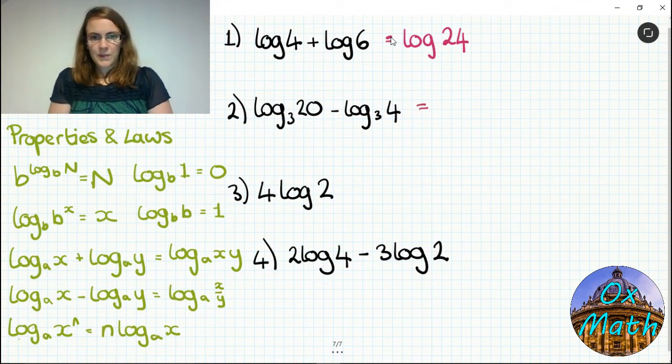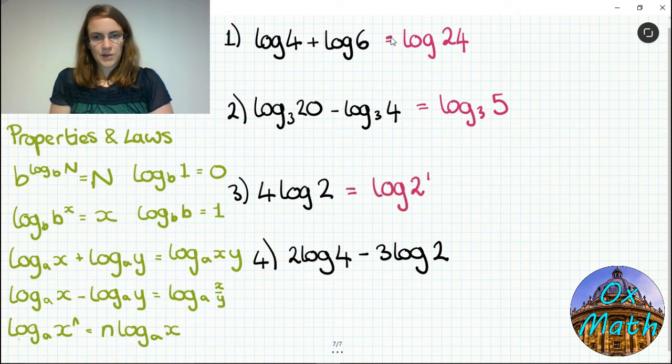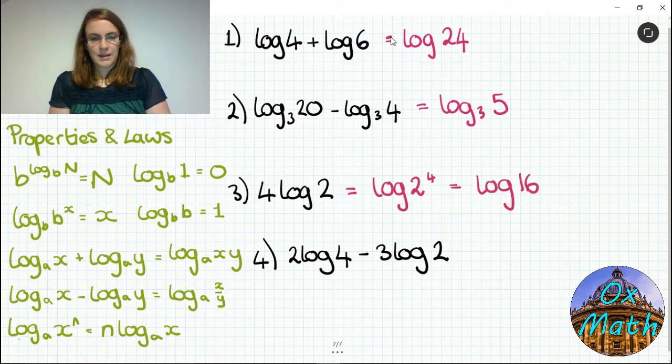Log base 3 of 20 minus log base 3 of 4, we can simplify that down into a single log base 3 by dividing the numbers, so 20 divided by 4 is 5. So 4 log 2, remember we can move the 4 up and that becomes log 2 to the power 4. 2 to the power of 4 is 16, so that becomes log 16.